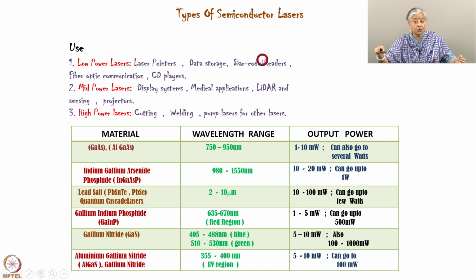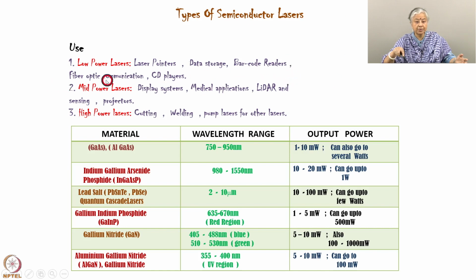So, this barcode reader, if you have noticed, is always a very thin strip of light that comes out. There you need not put any extra optics; the actual output of the semiconductor laser is used in that barcode reader. No extra optics is used to get a circular beam or anything. Okay. So, that's for the barcode reader.